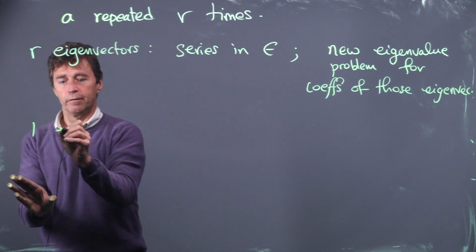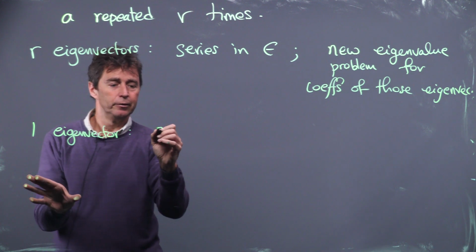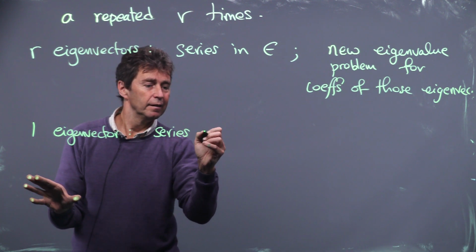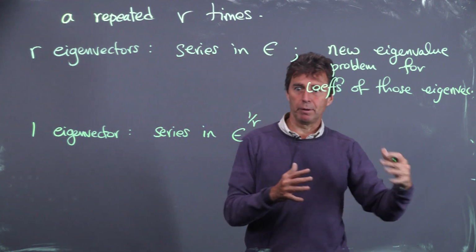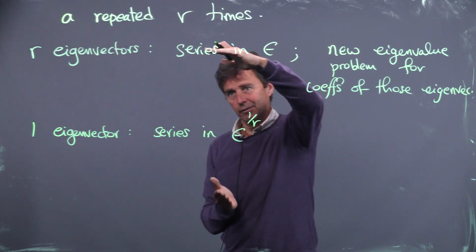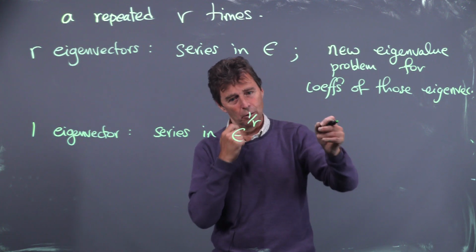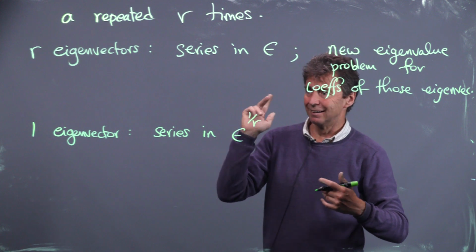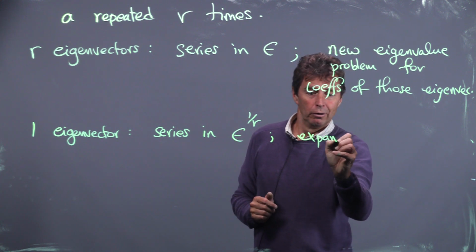If you have one eigenvector, you need a series in epsilon to the 1 over r. You need to expand r times. You need to go through r equations until you finally get the perturbing term coming in, at which point you finally find the leading order eigenvalue correction. So you expand a lot.